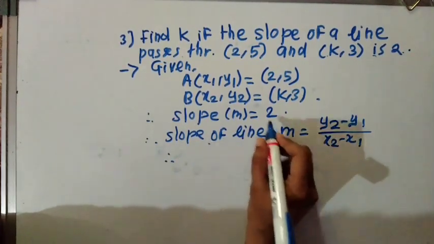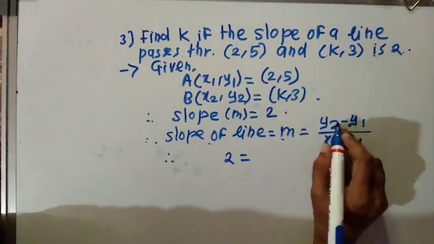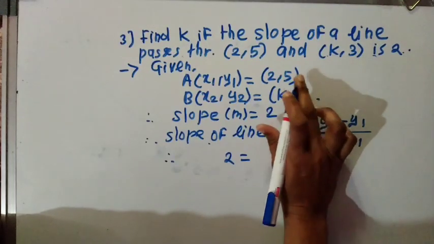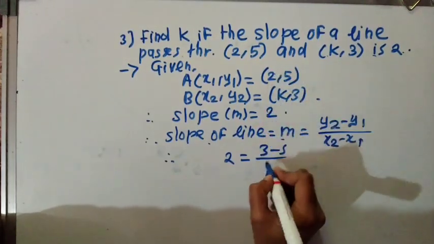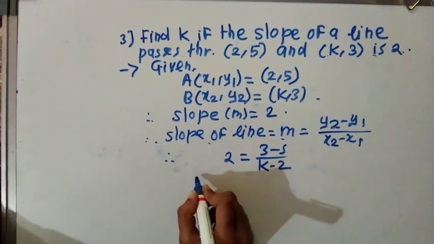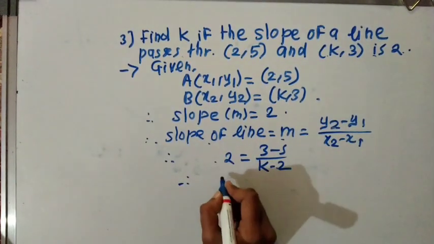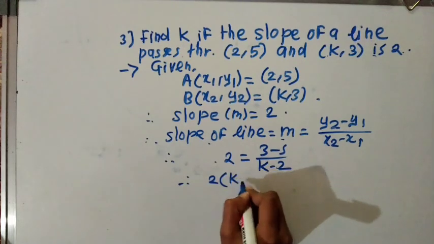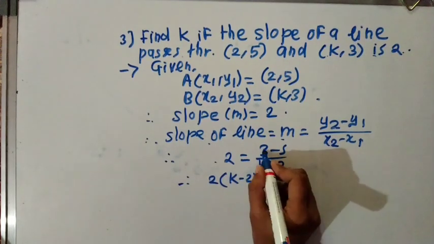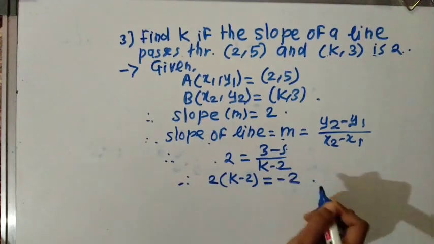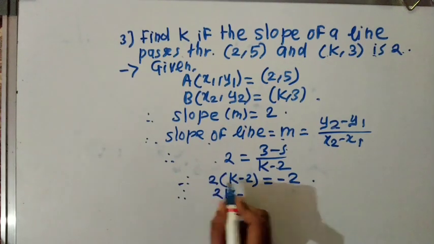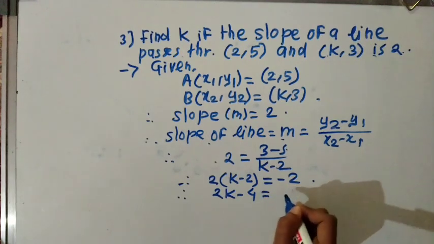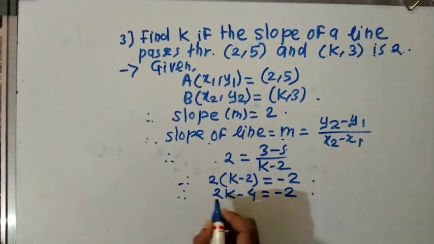Hence we get 2 is equal to (3 minus 5) upon (k minus 2). Multiplying, 2 into (k minus 2) is equal to 3 minus 5, which is minus 2. Hence we get 2k minus 4 is equal to minus 2.